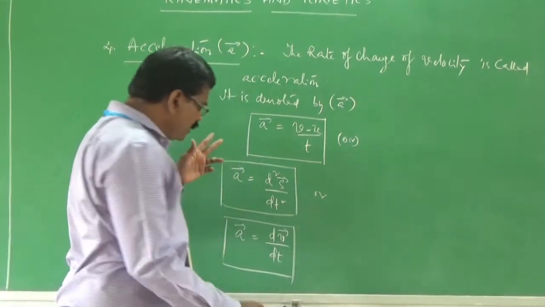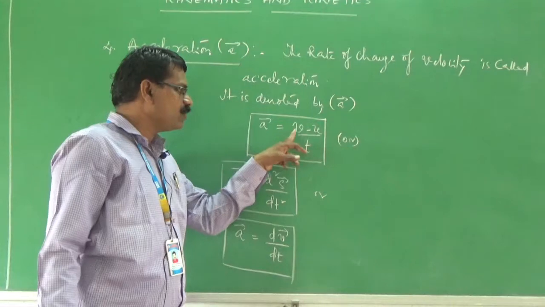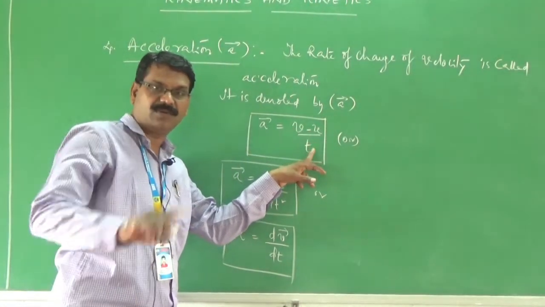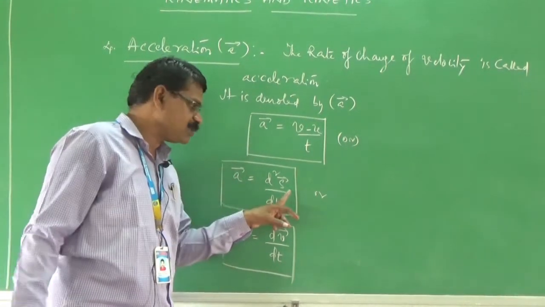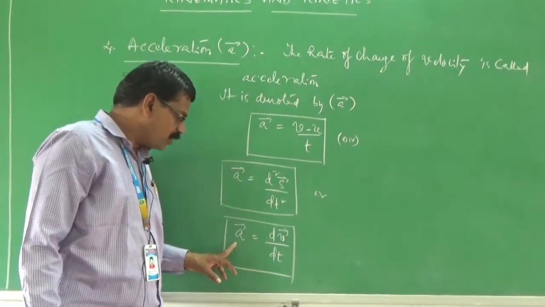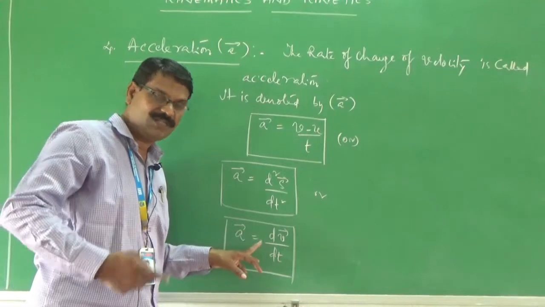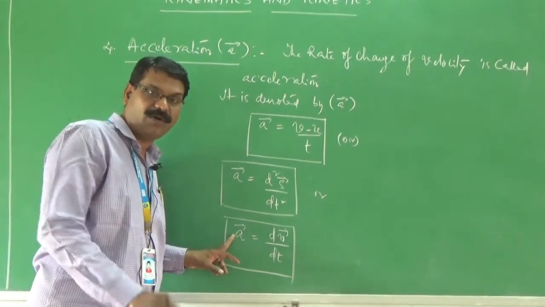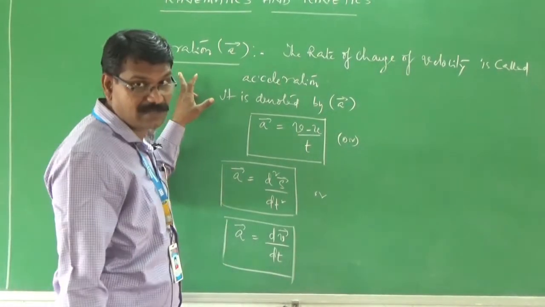If you look at these three forms, my dear students, A bar is equal to (V minus U) by T. That means final velocity minus initial velocity by time gives acceleration. Acceleration is also the second derivative of displacement. And in another way, acceleration A bar is the rate of change of velocity, the first derivative of velocity, which also gives acceleration.